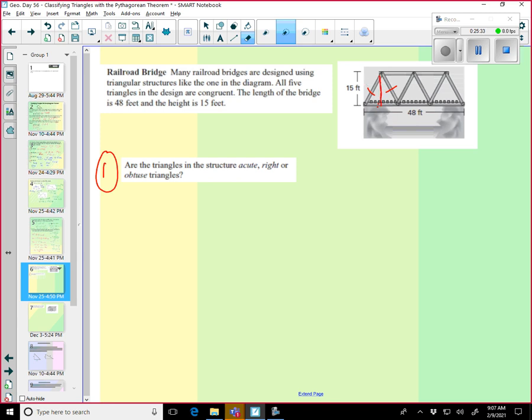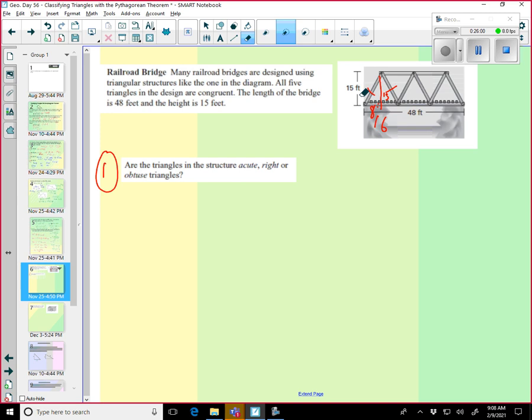So this is 15 feet. And let's see, these are three triangles and we can get this particular side length, which is going to be 48 divided by 3, which gives us 16 feet, which means this is 8 and this is 15.